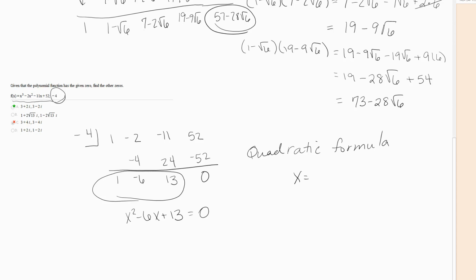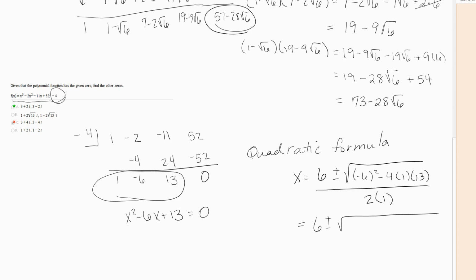So we'll do x equals the opposite of b plus or minus the square root of b squared minus 4ac all over 2a. So 6 plus or minus, this will be 36 minus 52, which will be negative 16 all over 2.